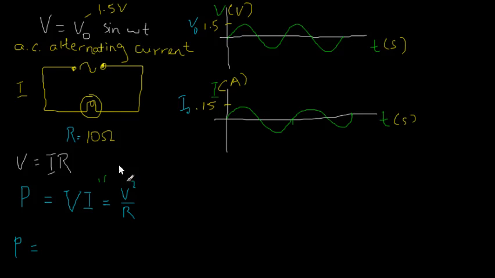So let me substitute this into the V. I should get V naught squared over R, times the sine function bit, sine squared omega t.